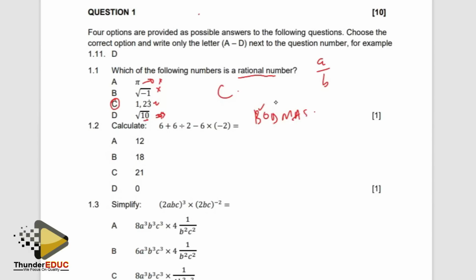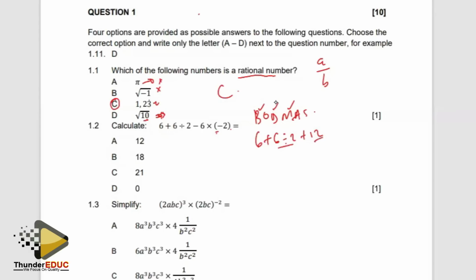Since we don't have any brackets, this is just a negative bracket, so we can simplify this first. This is going to be 6 plus 6 divided by 2, negative and negative will give us a positive 12 if we multiply that. But division and multiplication still take first priority, so we can divide.